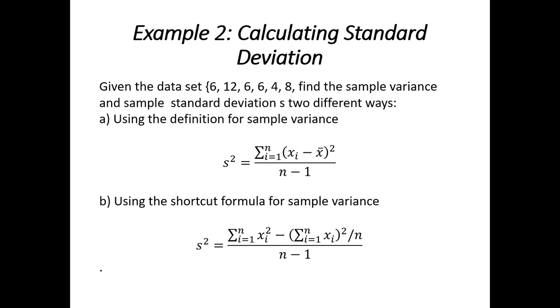So if you have 5 or 6 values, you'll see it's about the same amount of time. But once you go over that, 10 values or so, the shortcut formula is quicker, okay, and is useful for a few things we'll study later on.